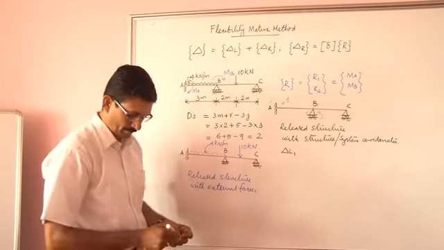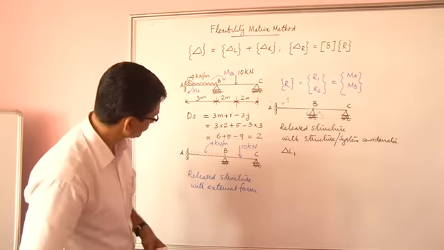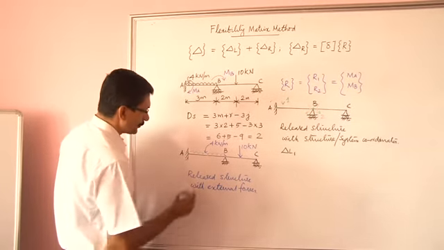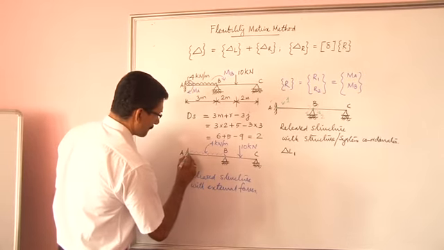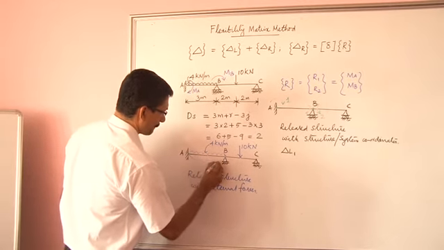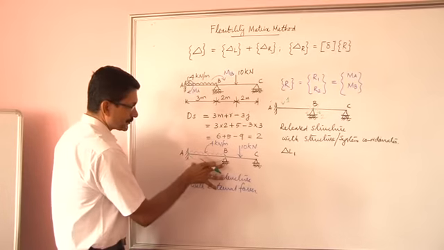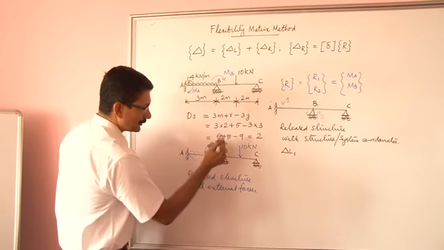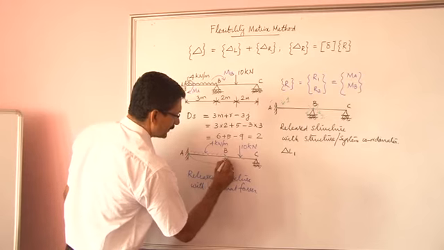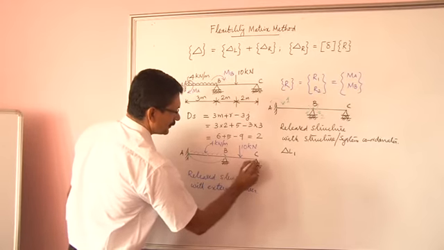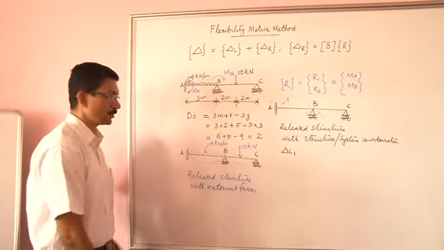Now, if I plot the deflected shape of this structure, I told you this will be behaving as a simply supported span. This also is going to behave as a simply supported span. So this will be a possible displaced configuration of the structure.